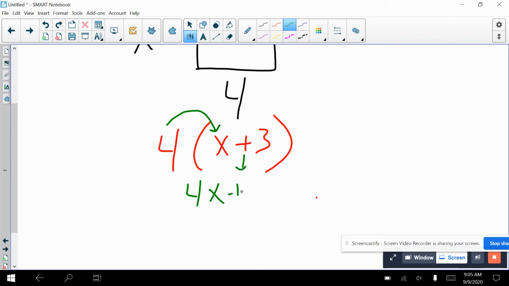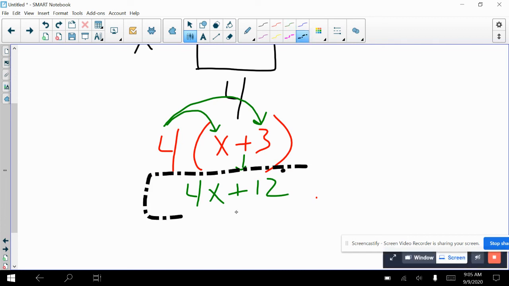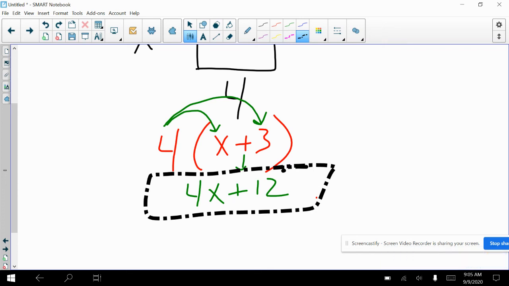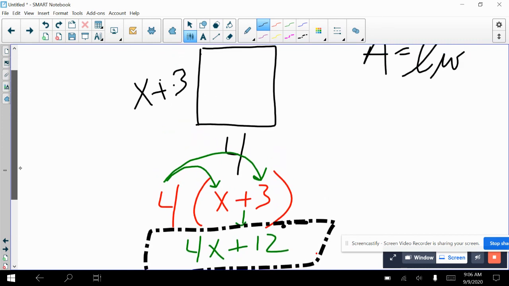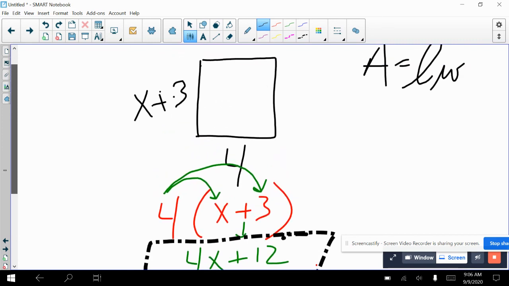Bring down the sign. Make sure that you multiply the second house or the third house. That is your answer to finding the distributive property of the area of that figure. Does that make sense? Okay.